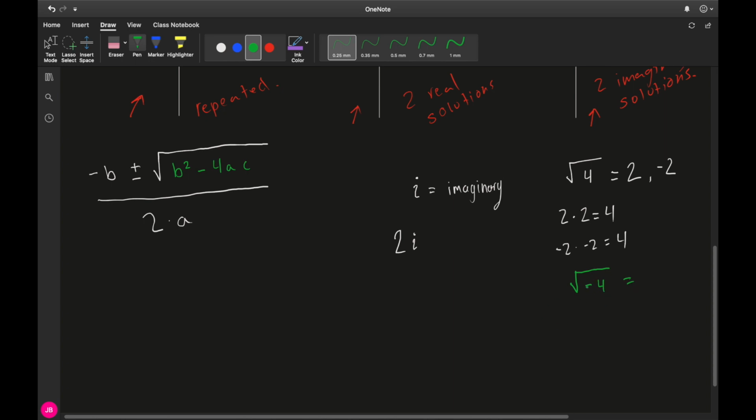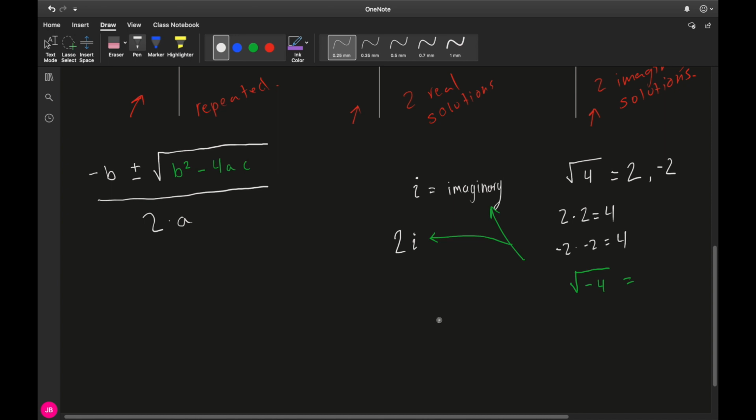And you run into a problem because if they're both the same, if they're both positive, or if they're both negative, then you will never be able to get a negative as your answer. And so this is where imaginary numbers come in. And imaginary numbers say, you know what, I'm going to go ahead and make it so that when you multiply these two numbers together, you will be able to get a negative. And the way they did that is pretty neat.